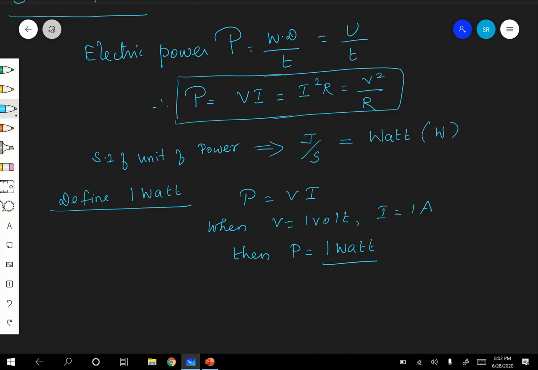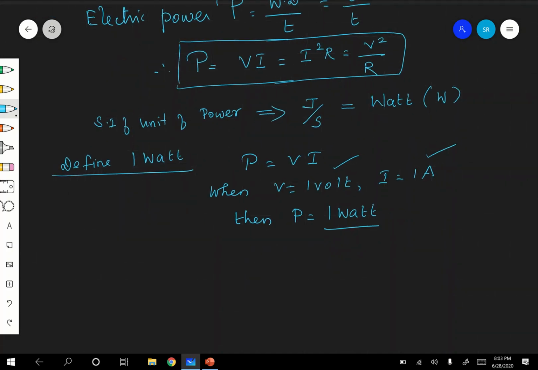So far, we are dealing only with the electric power of a circuit. The bigger units for power are kilowatt, megawatt, etc.